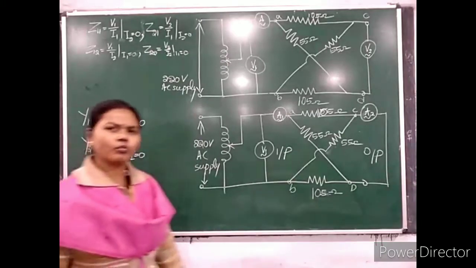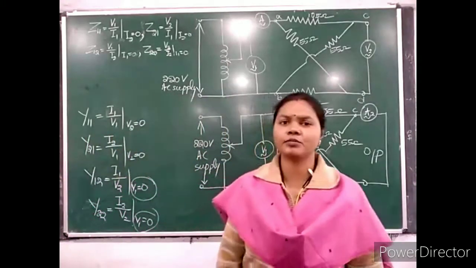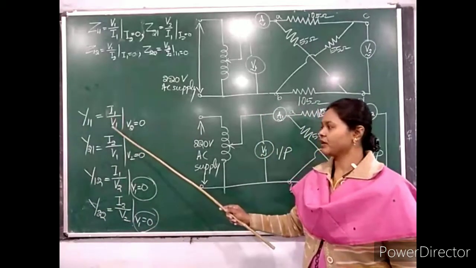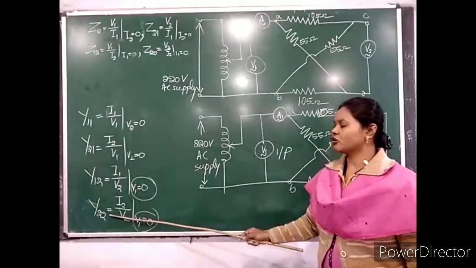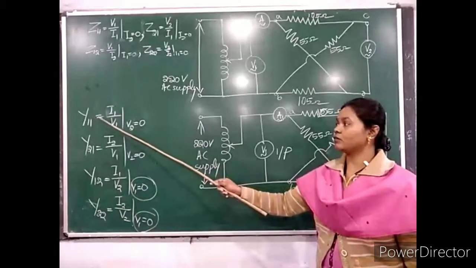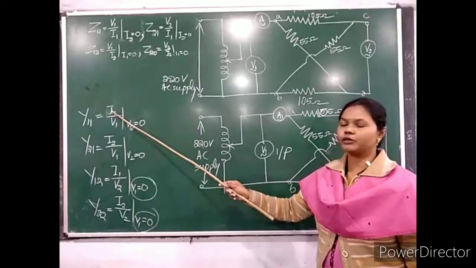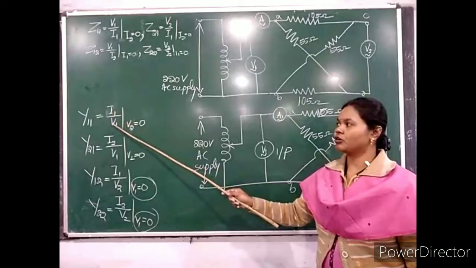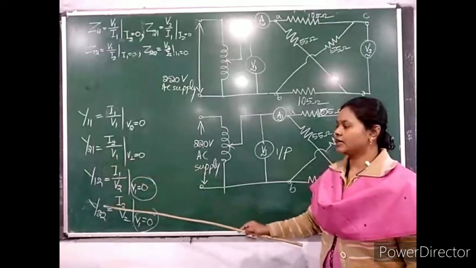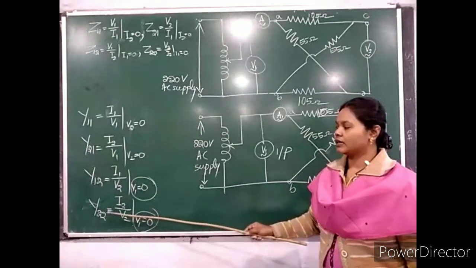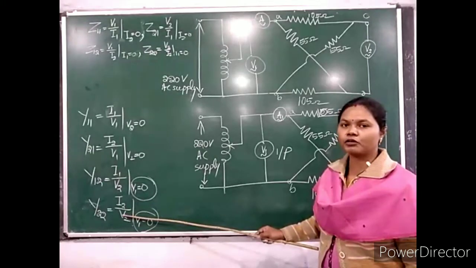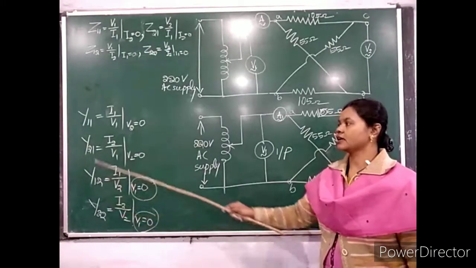Y11 is named the input driving point admittance, and Y22 is known as the output driving point admittance. Y11 is the ratio of input current to input voltage, hence the name input driving point admittance. Y22 is output current by output voltage, hence the name output driving point admittance.